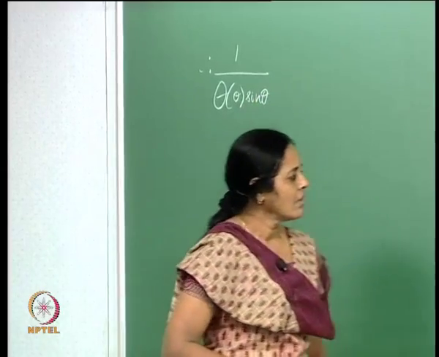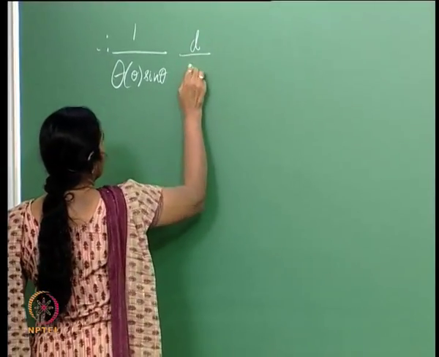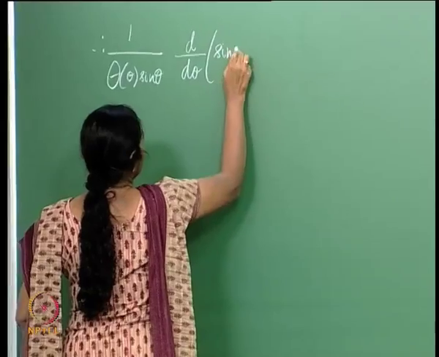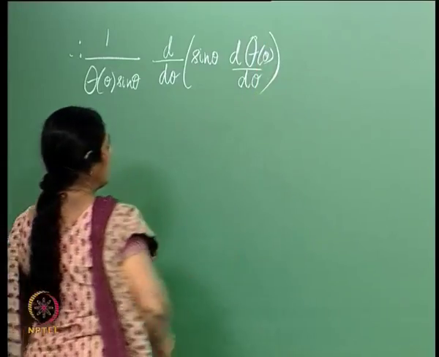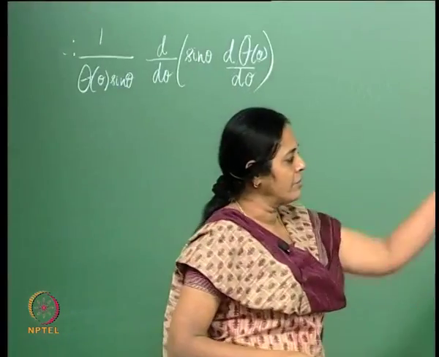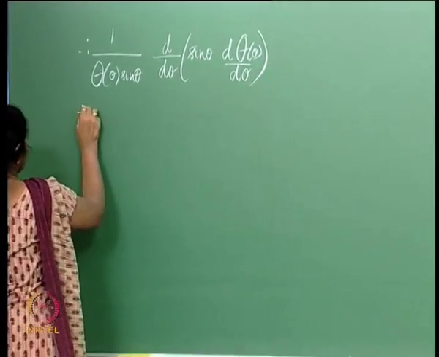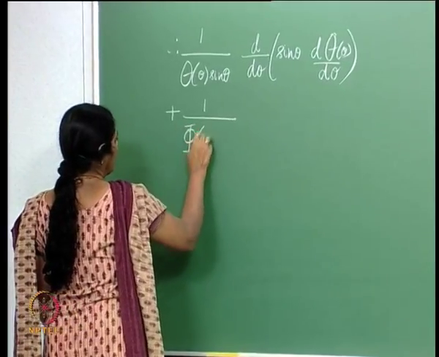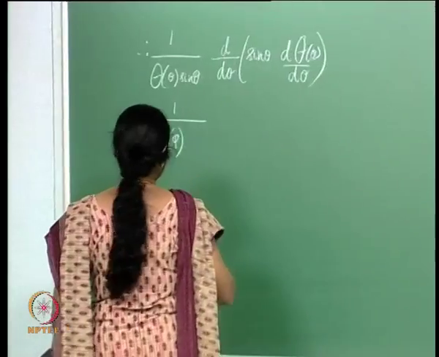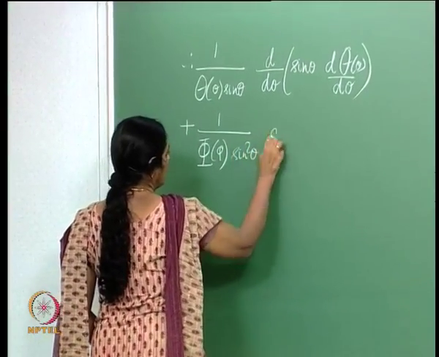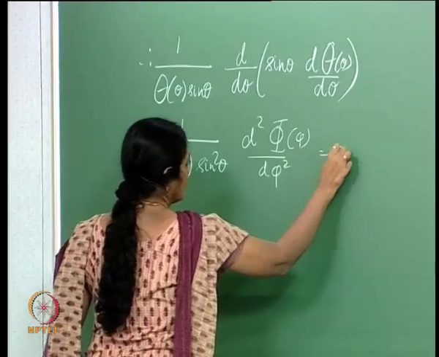Therefore, I have 1 by sine theta theta of theta, d by d theta of sine theta d theta of theta by d theta, that is the first part, plus 1 by phi of phi sine squared theta d2 phi of phi by d phi squared is minus lambda.